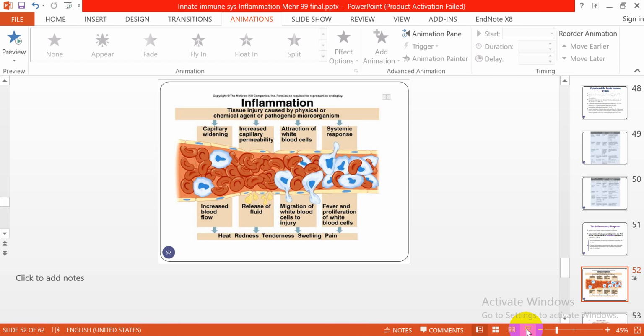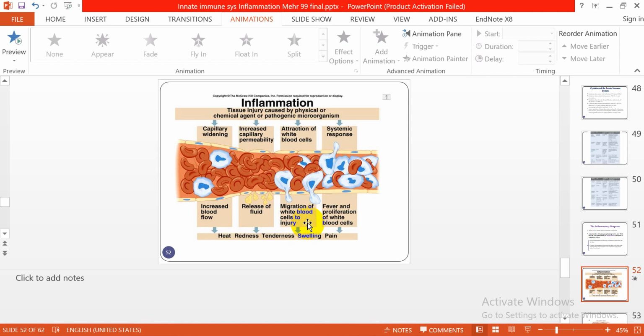We have the attraction of white blood cells to the site of the inflammation, and then these leukocytes, these white blood cells, migrate to the site of the injury.